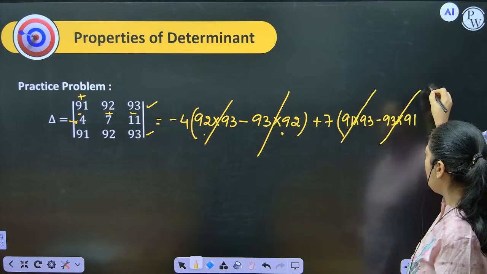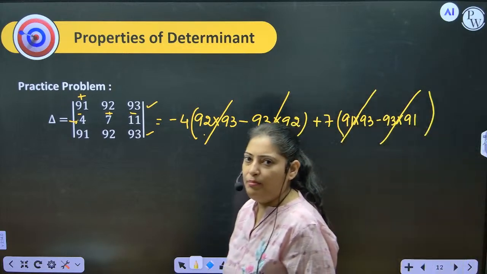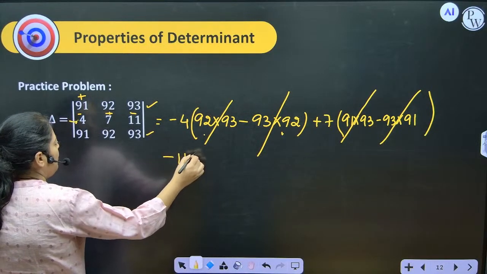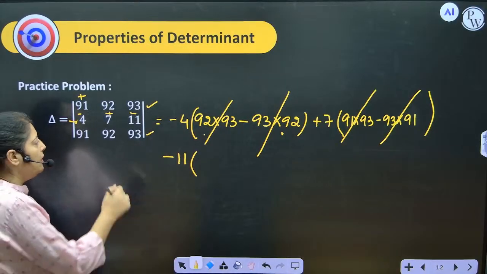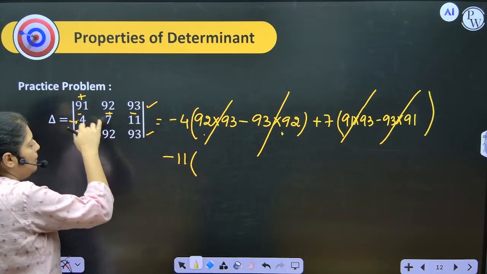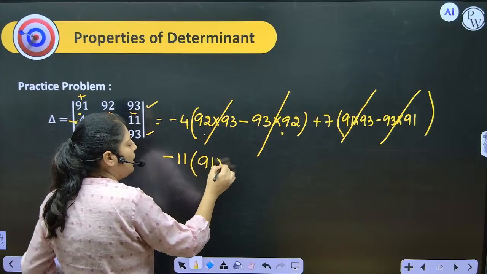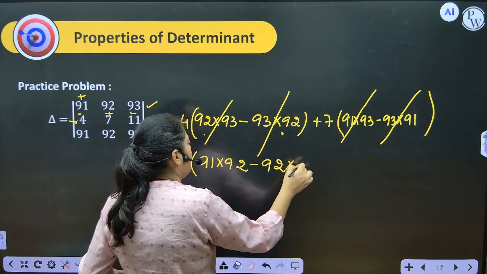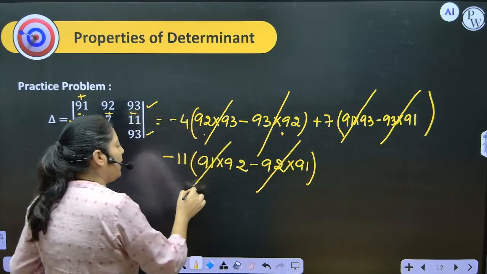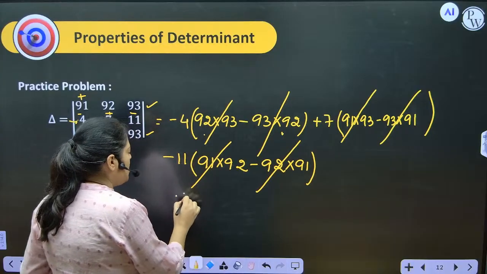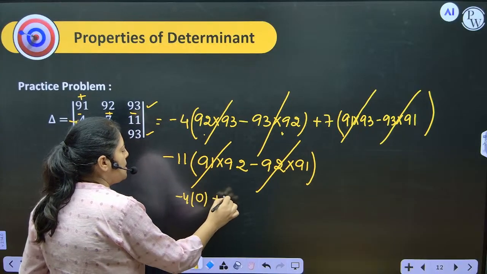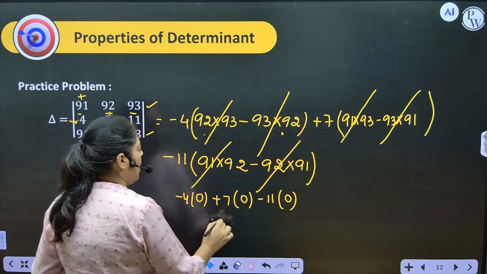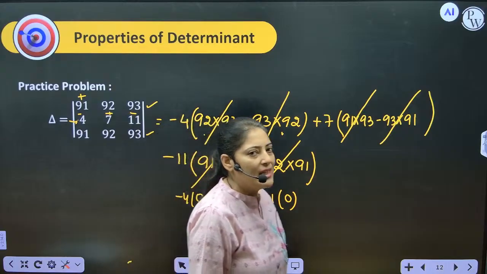Again, the product will come out to be the same. Multiplication is commutative, no? It will get cancelled. Now, which number is left? Minus 11, this row, last column. Which numbers are left? 91 into 92 minus 92 into 91. Cancel them. Minus 4 into 0 plus 7 into 0 minus 11 into 0. The answer will come out to be a big 0.